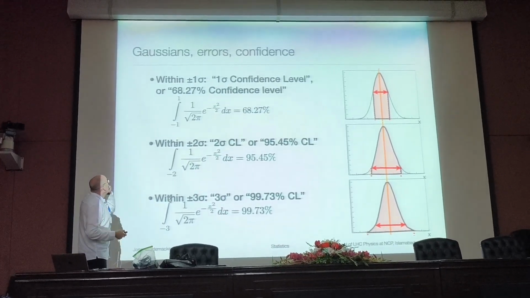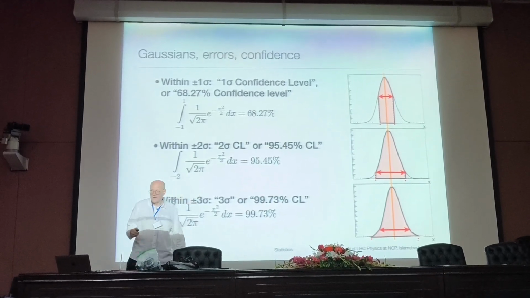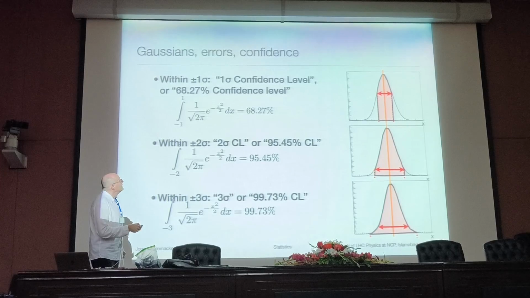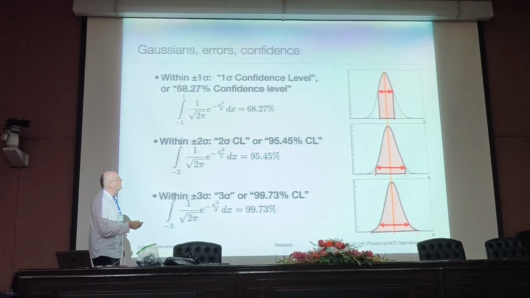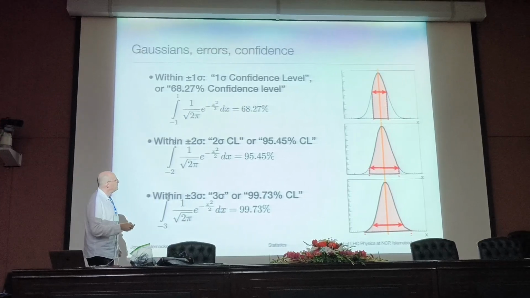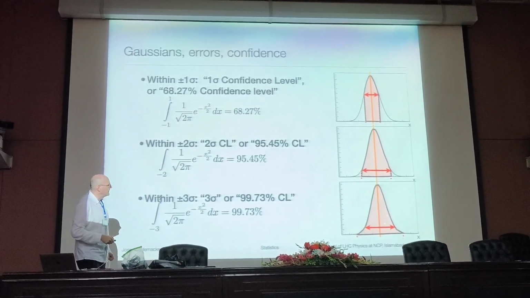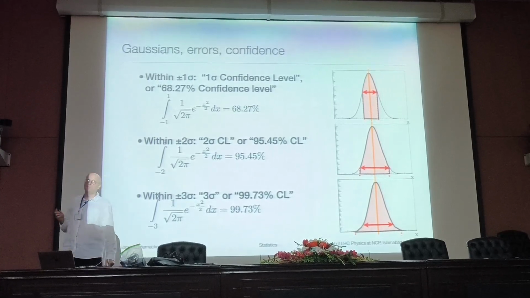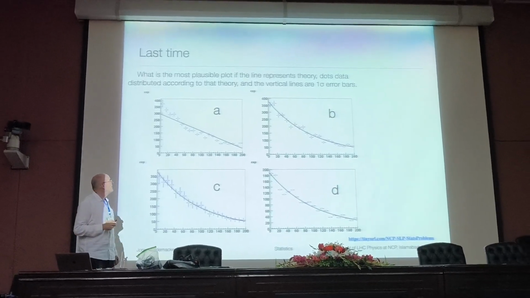And because Gaussians are so important and so frequently used, it's useful to have a look at them, and we found that about 2/3 of events should lie within 1 sigma of a Gaussian, 95.5% within 2 sigma, and 99.7% within 3 sigma. So that is the state yesterday.